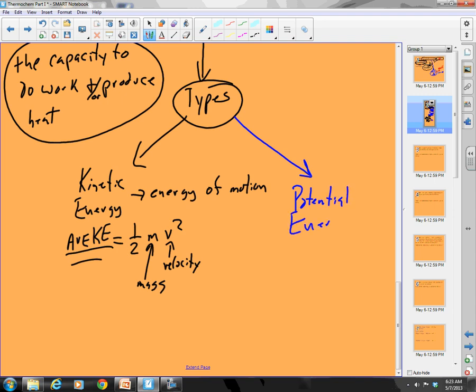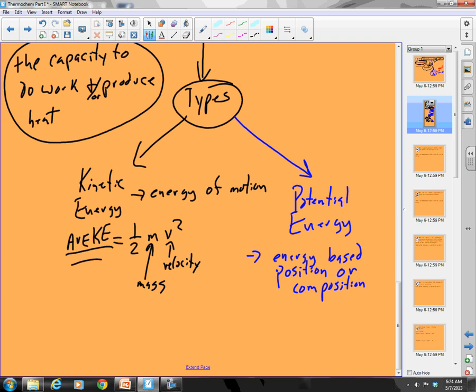Now, let's look over here, and another type is what we call potential energy. And what is potential energy? Well, potential energy is the energy based on position. Got it? The energy based on position or, excuse me, composition.